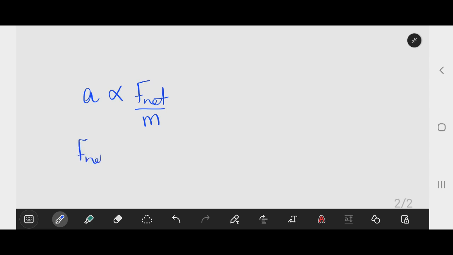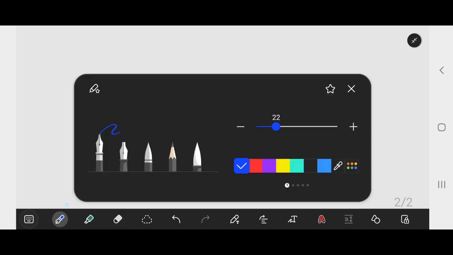So we can also write this like that. The net force is directly proportional to the product of the mass and the acceleration, right? So now we want to replace this proportion sign with a proportionality constant, and then we insert an equal sign, right?